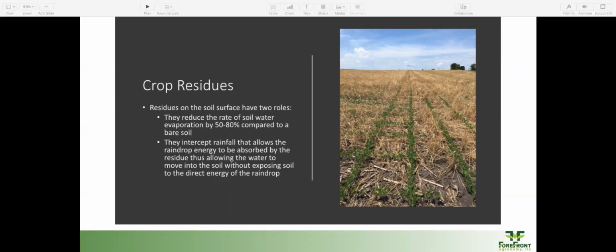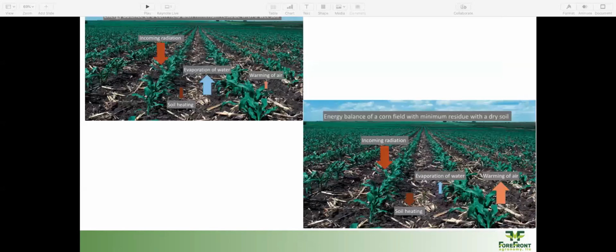Basically, it creates a barrier and breaks up the energy of that raindrop, and lets it dissipate as it moves through the residue, and then lays down on the soil in a nice soft fashion, and really retains that soil aggregate stability, giving us the ability to not only reduce the evaporation amounts, but also get more water into the ground.